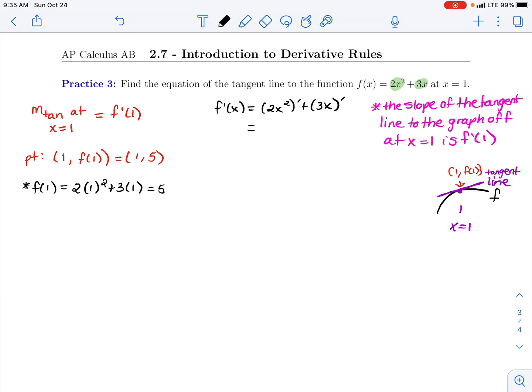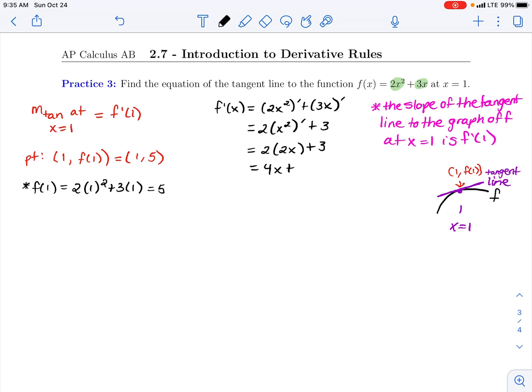Now I recognize that 2 times x squared is a constant, or a number, times a function. So I copy the number times the derivative of the function, and then plus the derivative of a number times my variable, number times x, which is just 3. So then this becomes 2, and using the power rule to take the derivative of x squared, I get 2x, plus 3.